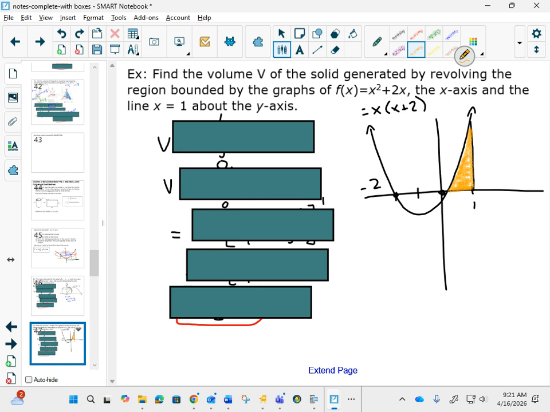If I had wanted to do the washer method, this would be my little radius. This would be my big radius. There's my washer. Problem with my washer method is I need both equations to be x equals, and f of x is not easy to get x equals.